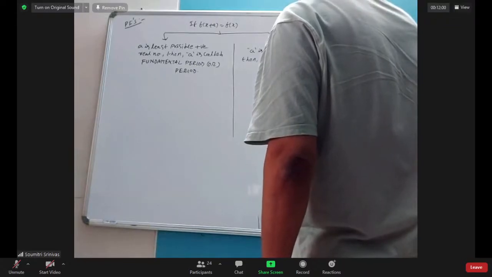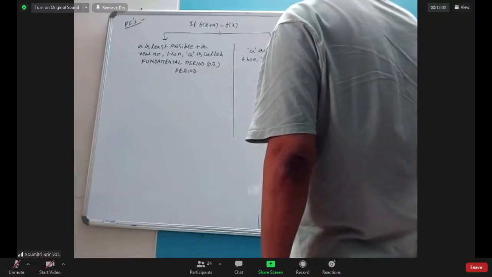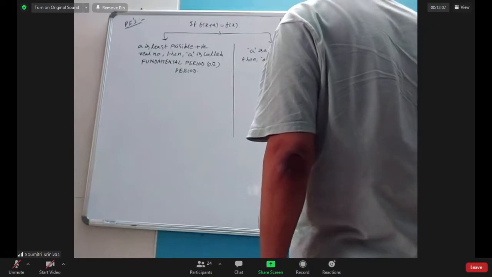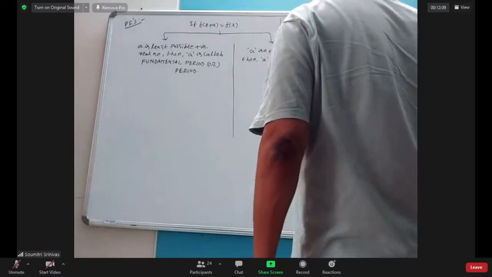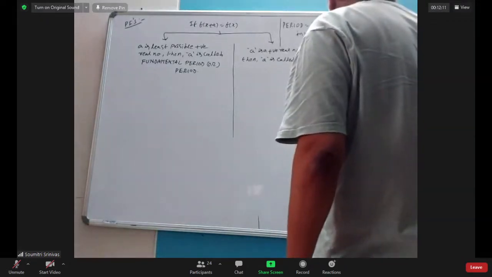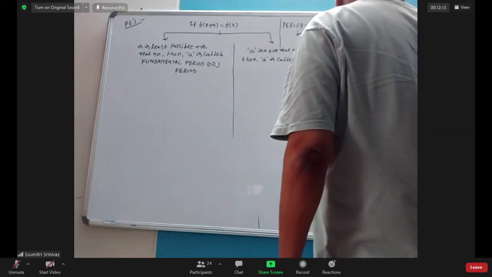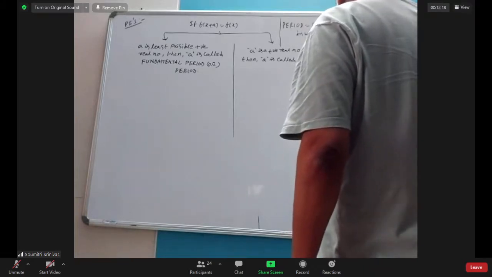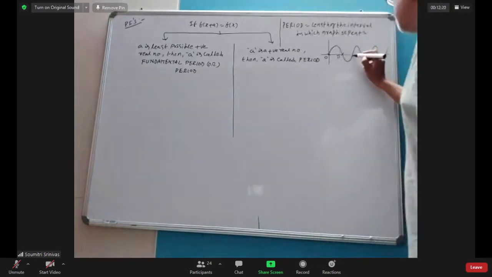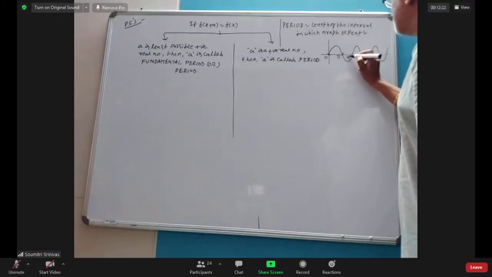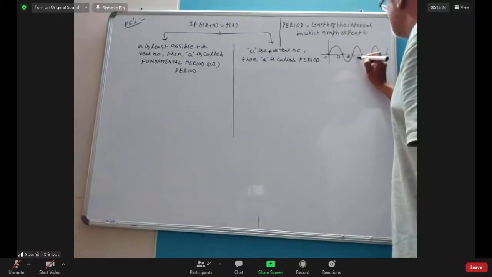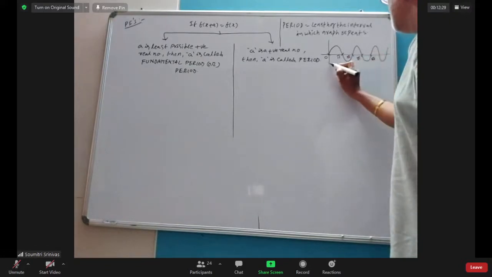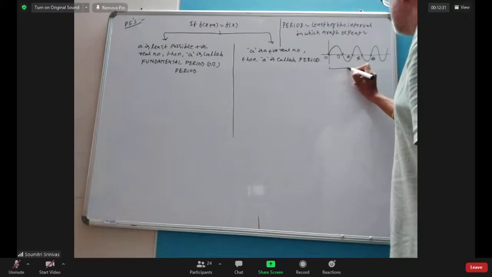Look at the sin x graph, in which length is it repeating? 0 to 2 pi.